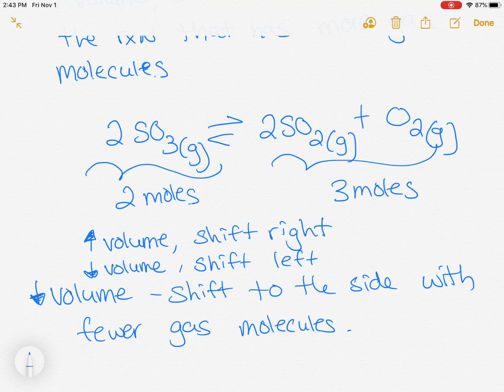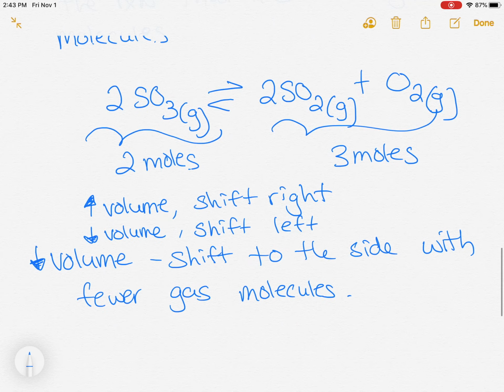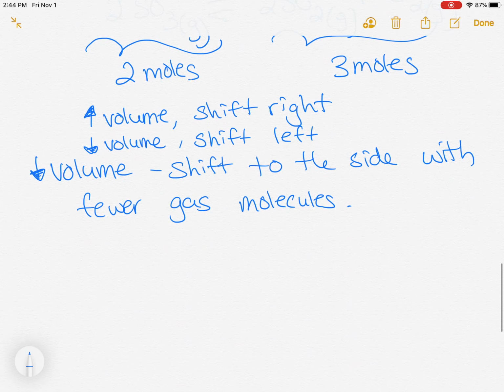Now this is tricky because when you're counting the 2 sides of the reaction, you only count the gas molecules. Only the gas molecules count. If you have the same number of gas molecules on both sides, the reaction will not shift at all. It will only shift to a side with more molecules or a side with fewer molecules. If there's the same number on both sides, we'll get no shift in our equilibrium.